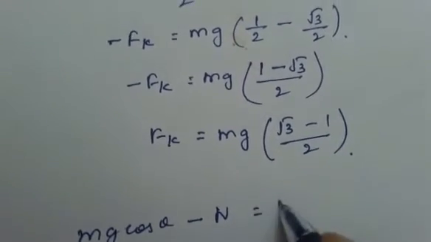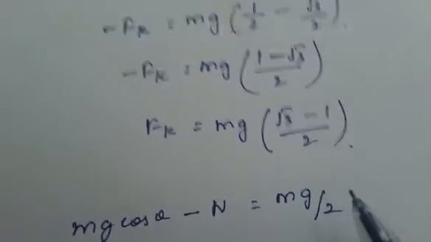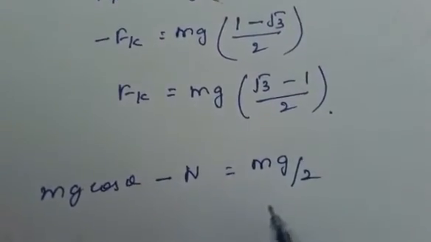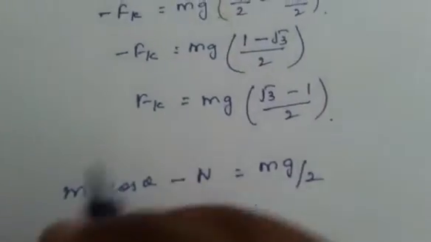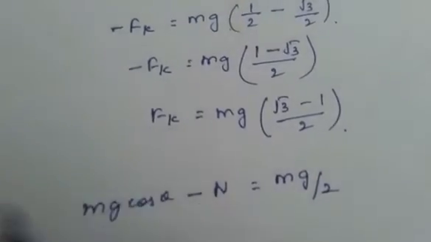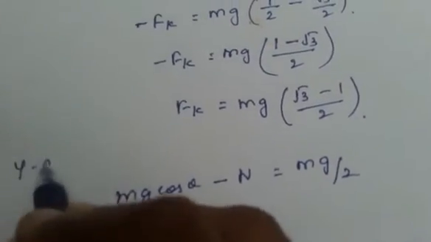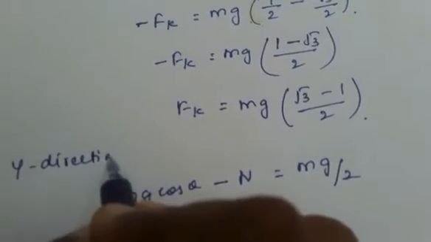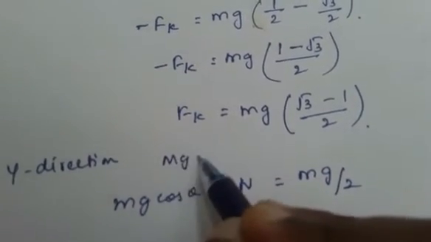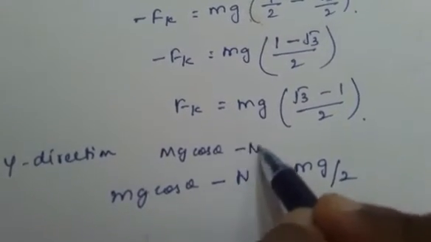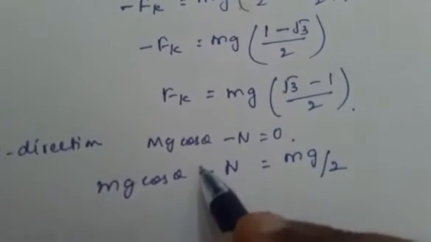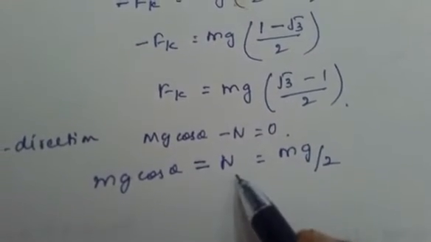I'll write one more step here so you can understand. In the y direction, mg cos theta minus n is equal to 0. So, mg cos theta is equal to n.